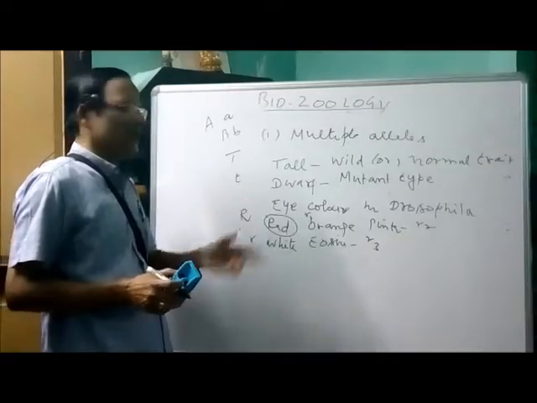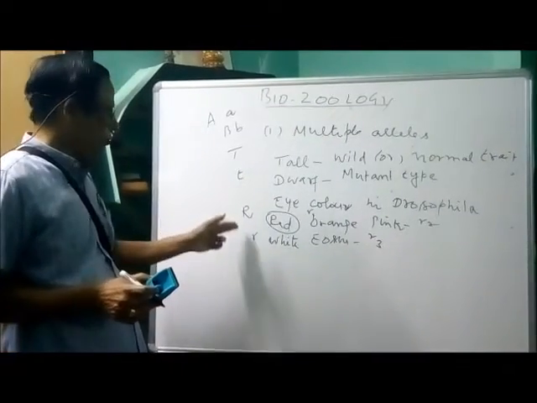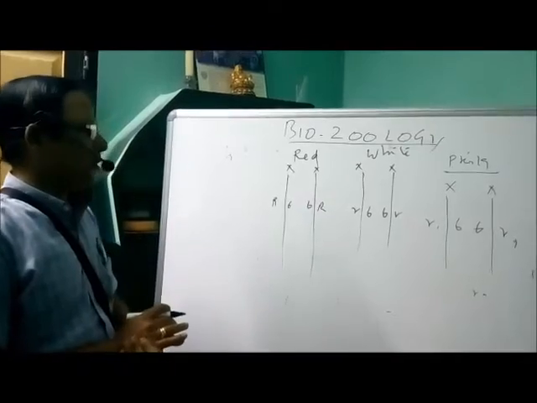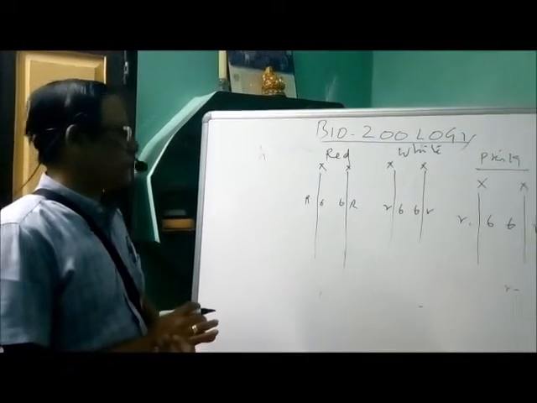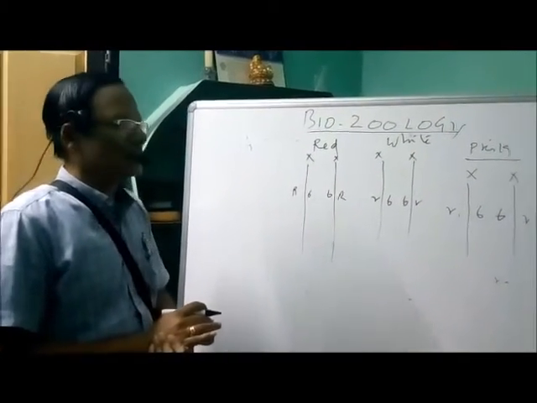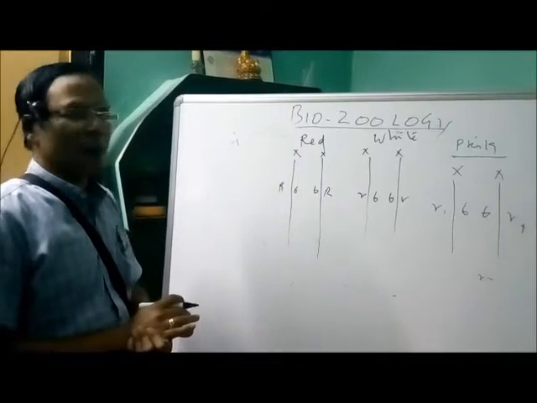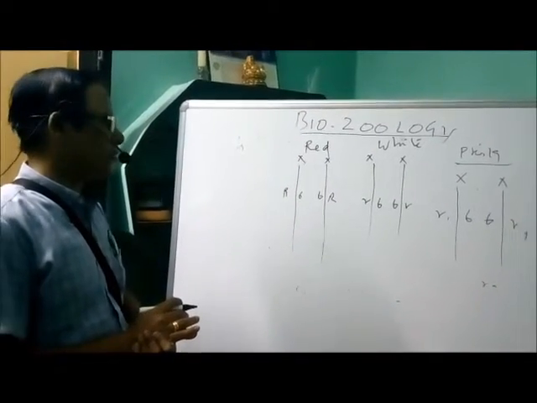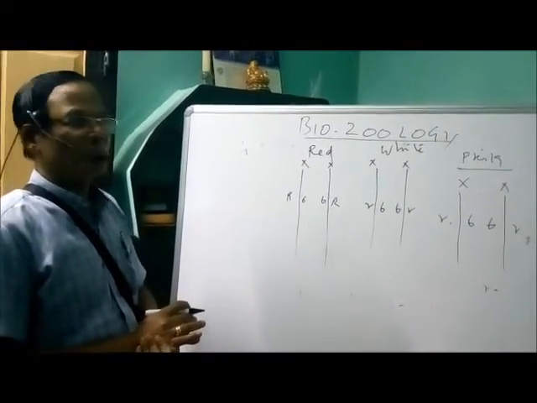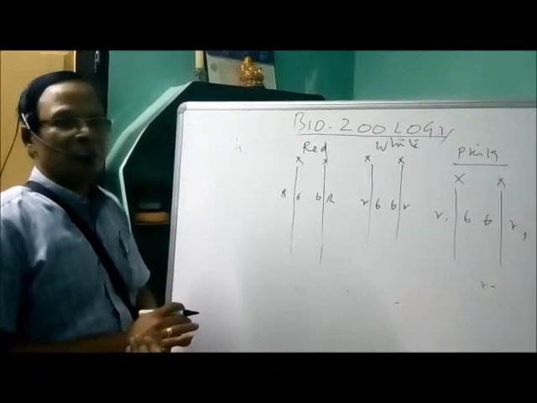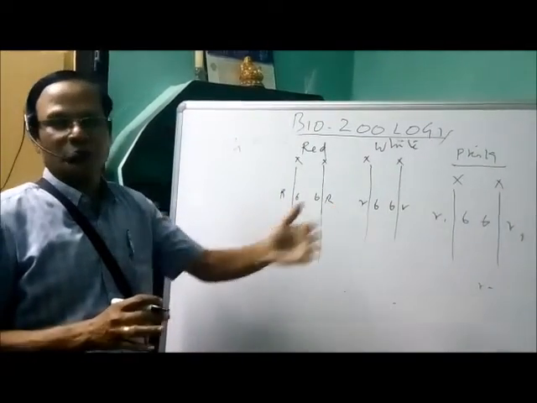Here, for one character, eye color, there are more than 2 alleles. There are eye colors of different types, and each eye color is controlled by a gene. The red eye color is controlled by a dominant gene, capital R. Normally, the genes for eye color are located in the X chromosomes.